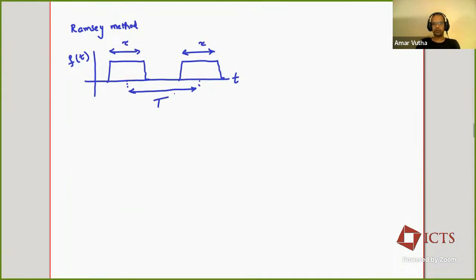You're lighting up your atoms with, instead of 1 pulse like we did here, 2 pulses. But with this identification of the excited state probability as just being the same thing as the mod square of the Fourier transform, we can directly draw what the spectroscopic line shape looks like.